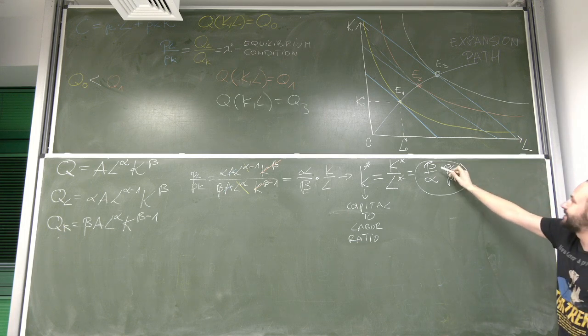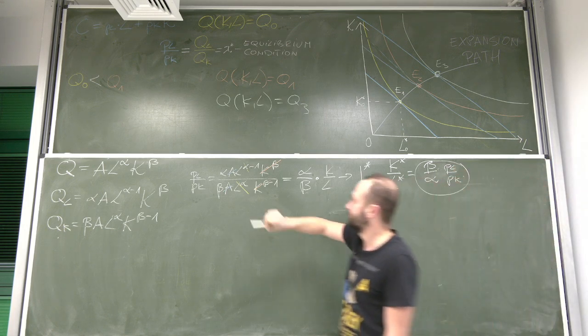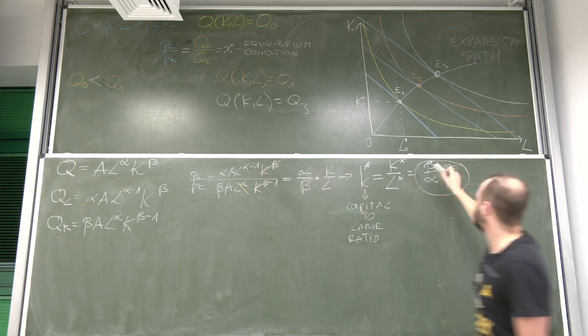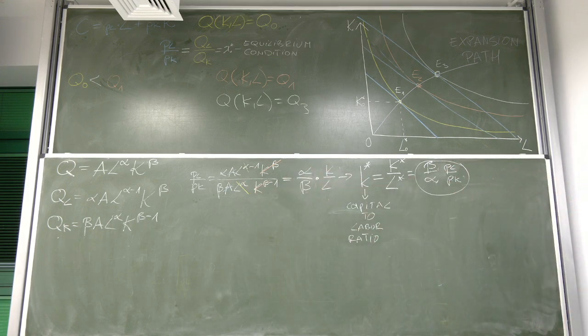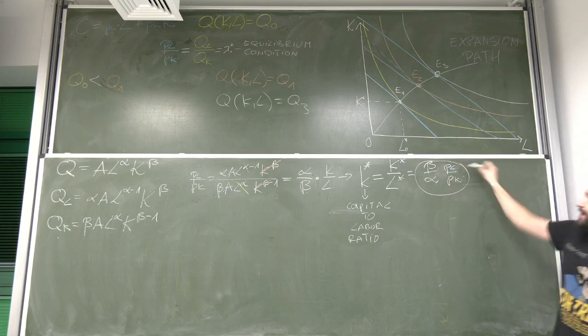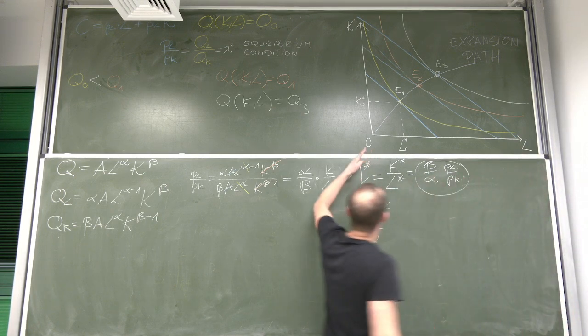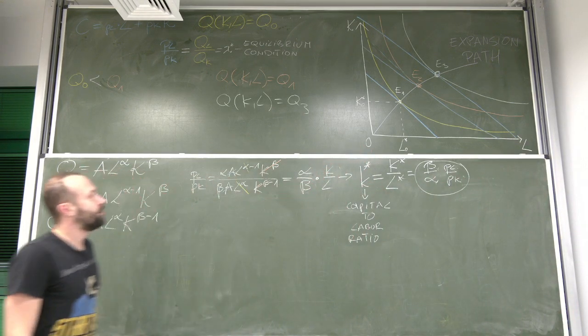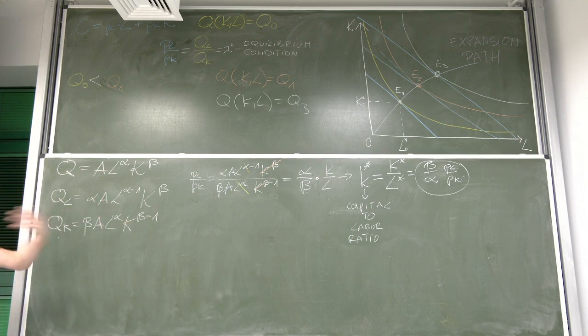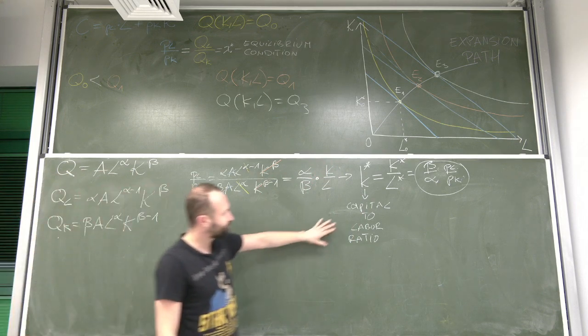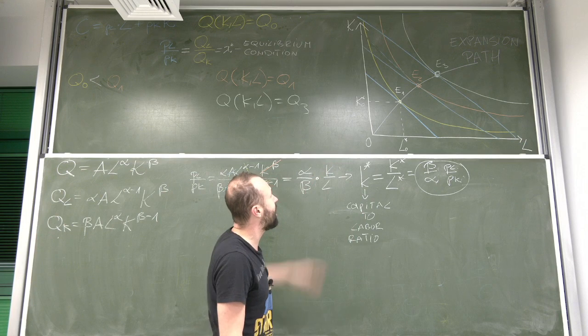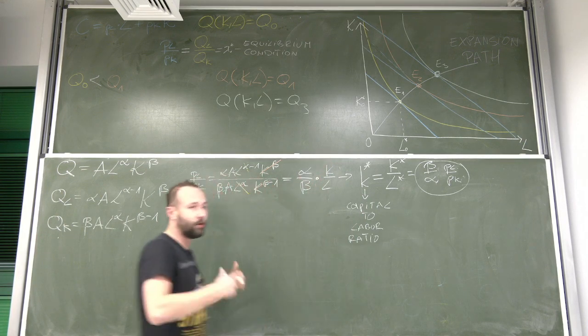So what we see is the beta here, the capital intensity, alpha labor intensity, and we've got wage and rent. So all the things that are given. So what does it mean is that proportion of capital to labor used at the optimum point.